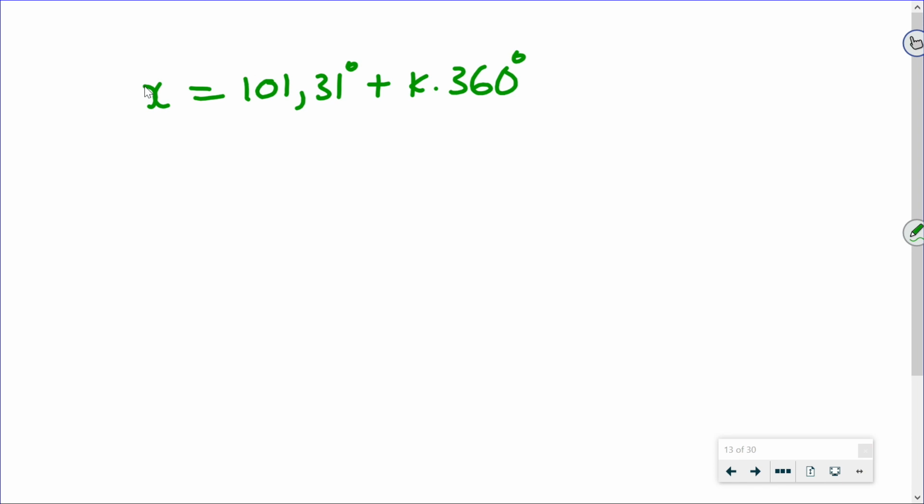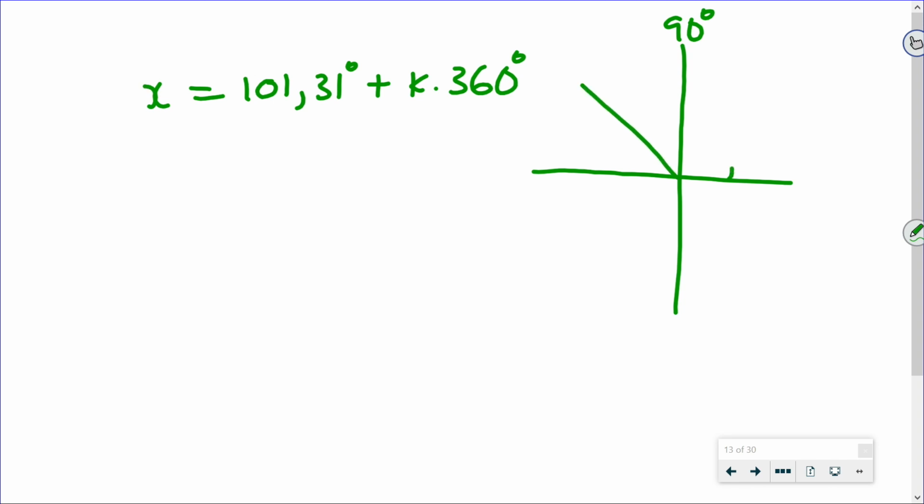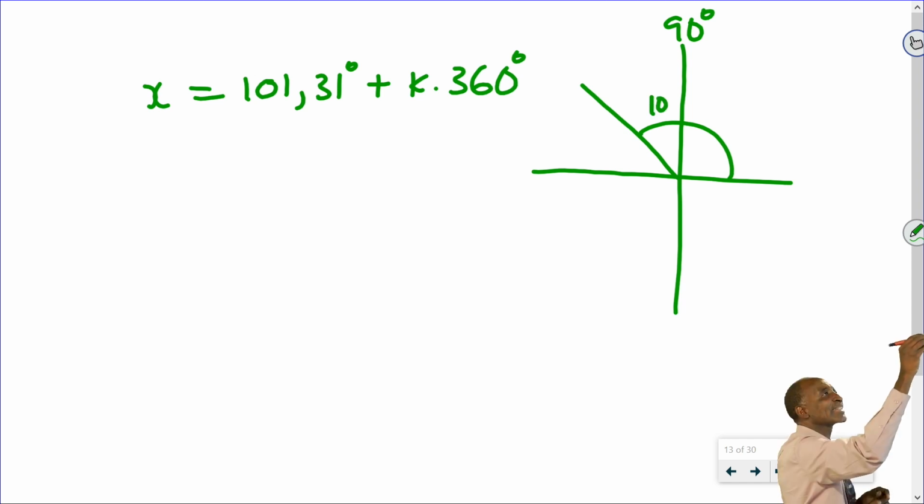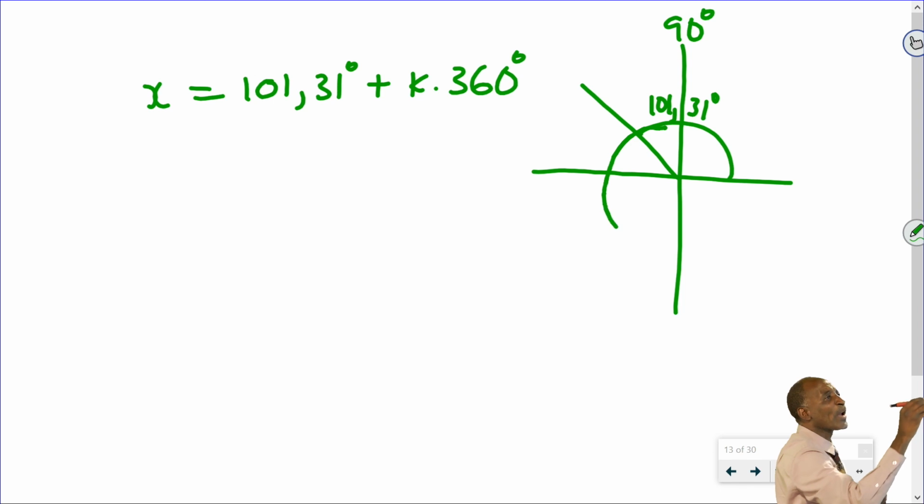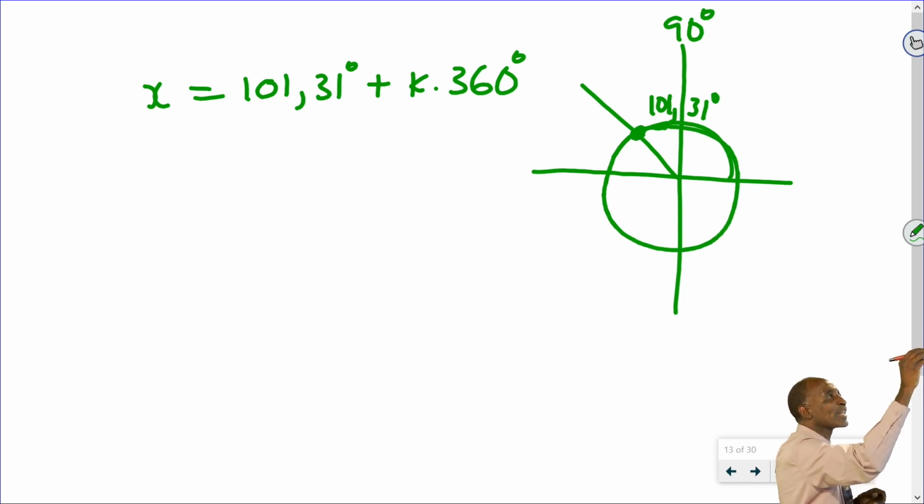Remember, adding a revolution does not affect the direction. So some other learners can work it out with 360 degrees. This means you are moving from one quadrant and coming back to the same quadrant. So if our 101.31 degrees is here, you are going to move all the way around and come back to this point.